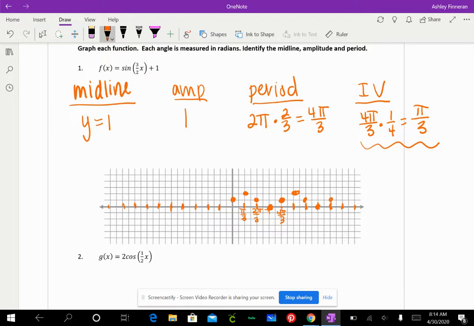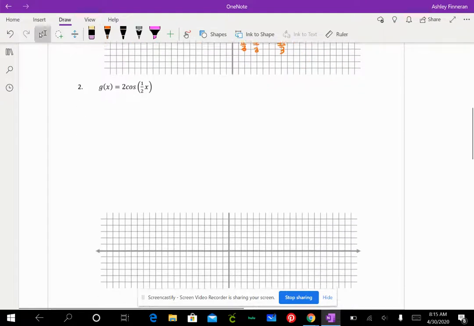Because it's a periodic function, it's just going to keep going at the same exact pattern, which makes it nice. And there we go.